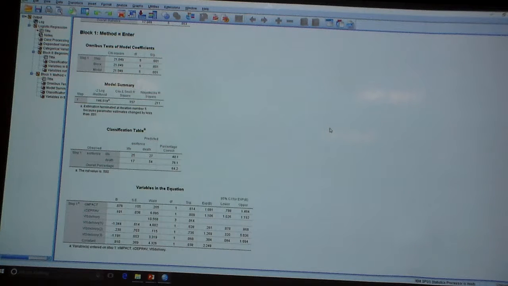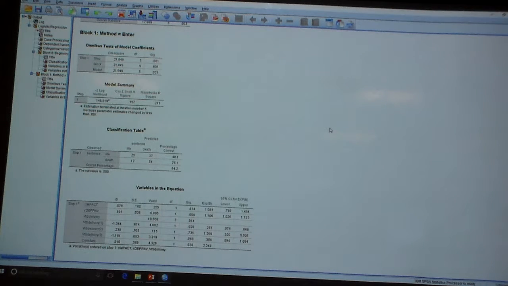What did SPSS do to calculate that chi-square statistic? Subtracted? Yeah, subtracted what from what? Negative 2 log likelihood without the predictors? Absolutely, excellent work.